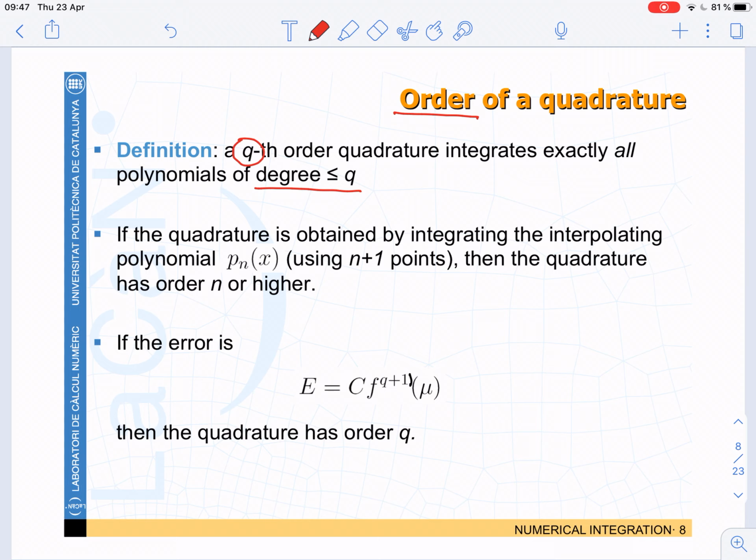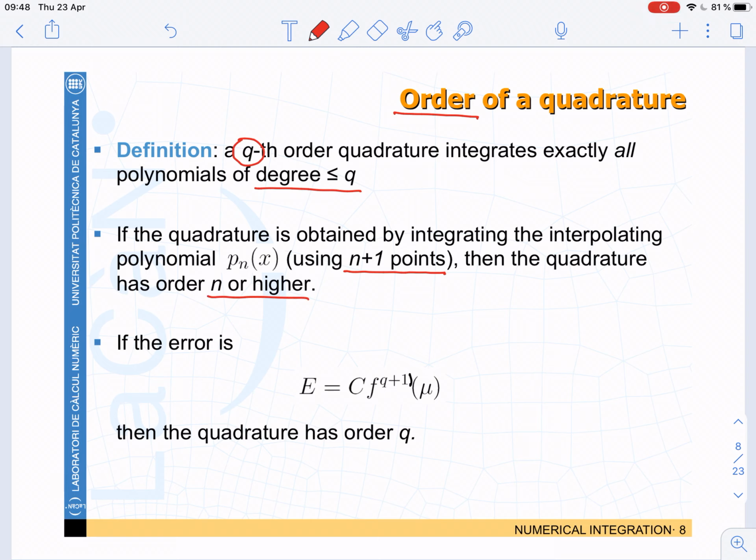How can we determine the order of a quadrature? Discuss 2 ideas. First, if the quadrature is obtained by integrating the interpolating polynomial Pn using n plus 1 points, then it is a simple exercise to show that it has order n or higher.